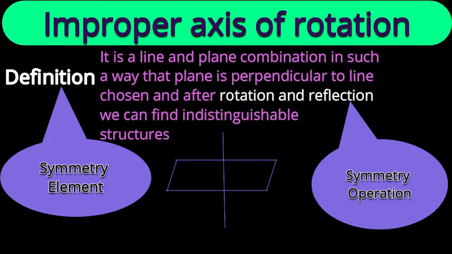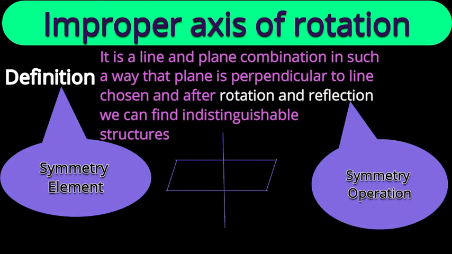If I have to define this element of symmetry, then it is a line or axis as well as a plane, and the position of the plane is perpendicular to the axis of rotation that we have chosen. See here, it is represented.